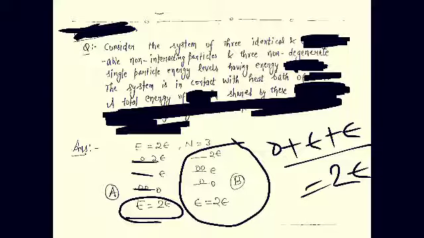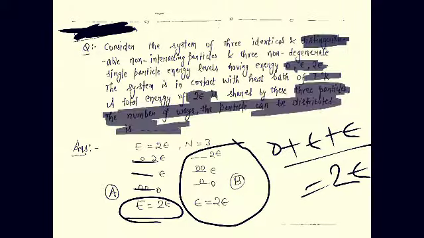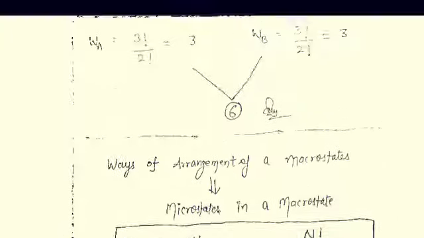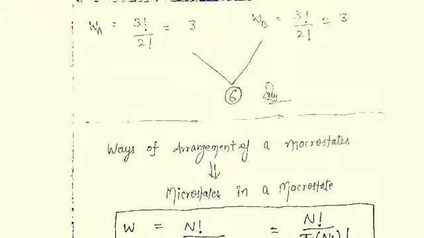Now let's find out the microstates of the corresponding macrostates. For the first macrostate A, let's find the microstates. In the upper side, W_A means the microstates of the corresponding macrostate A. I had already told you the formula.